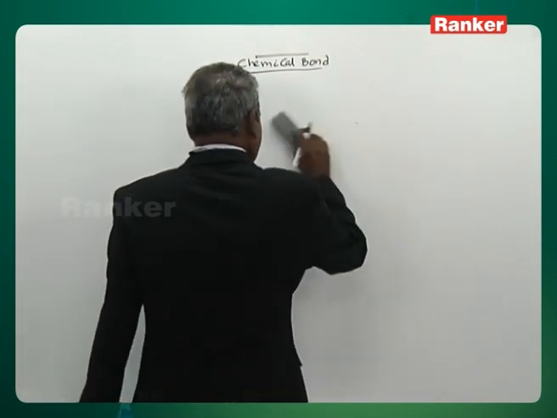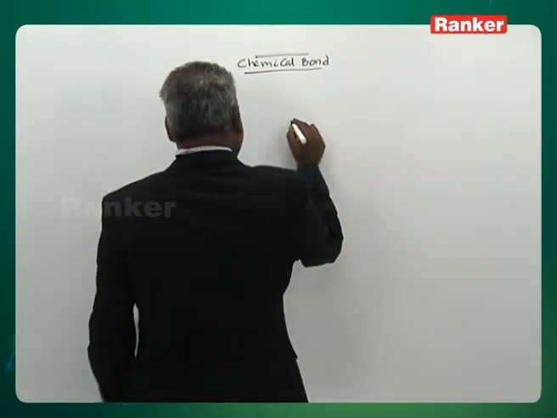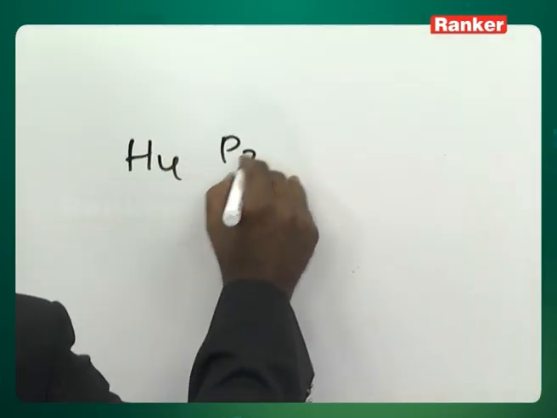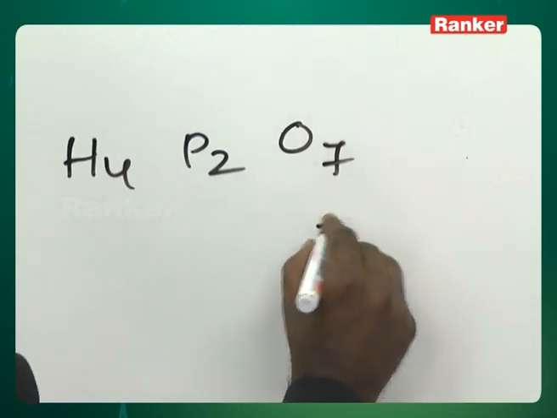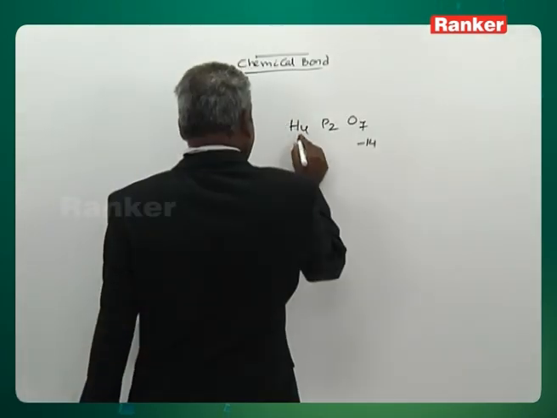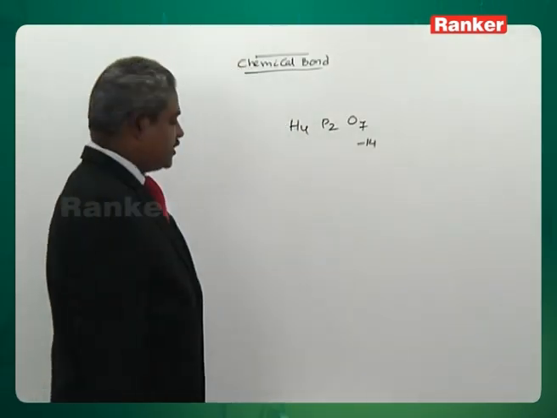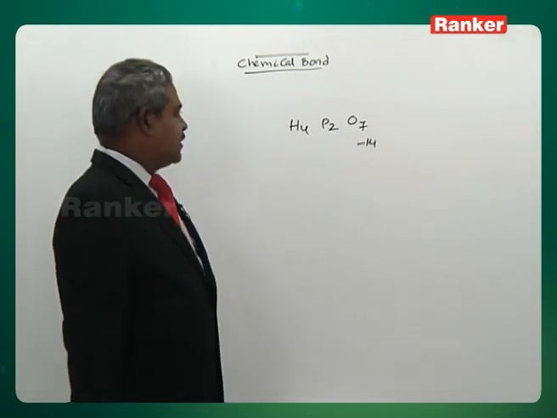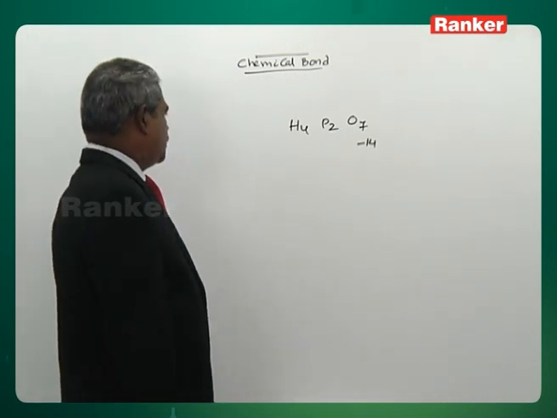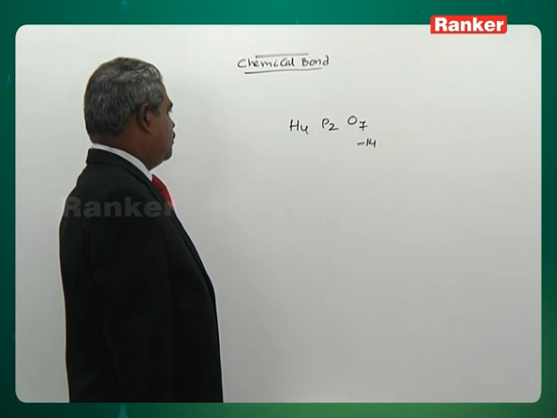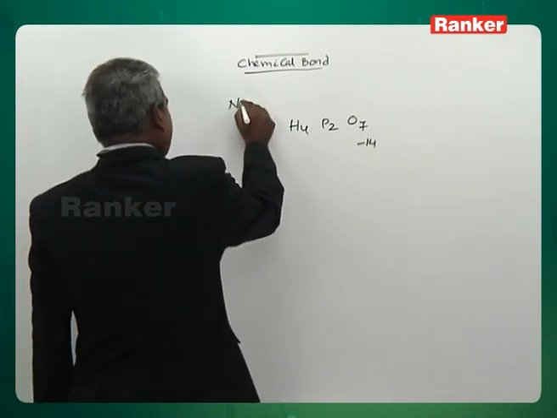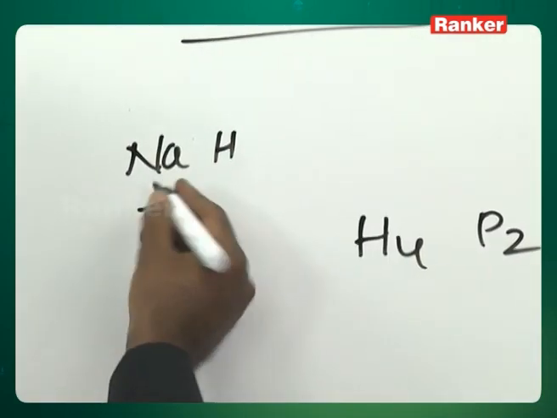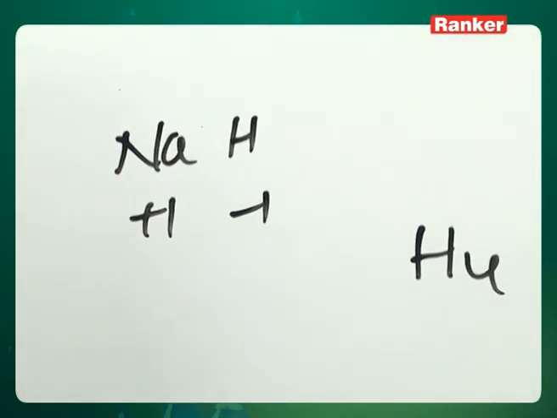But once again, you can't draw the structure and decide. So, you go by the generalization. 7 oxygens minus 14. Hydrogen, in most cases, is plus only, except with metals. You know, hydrogen is always plus 1. Only with metals it becomes minus, for example NaH, where sodium is Na plus 1, fixed, and H is minus.